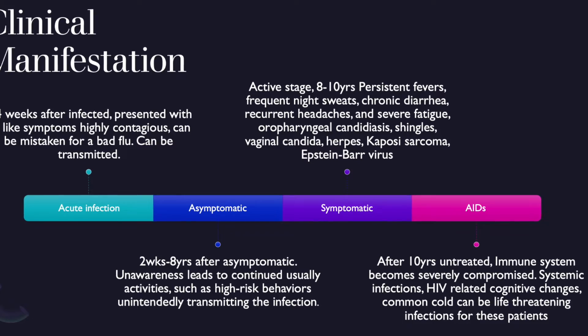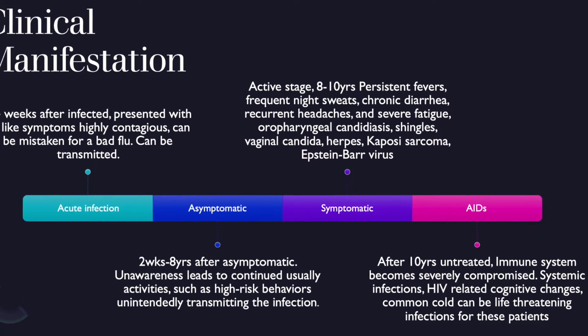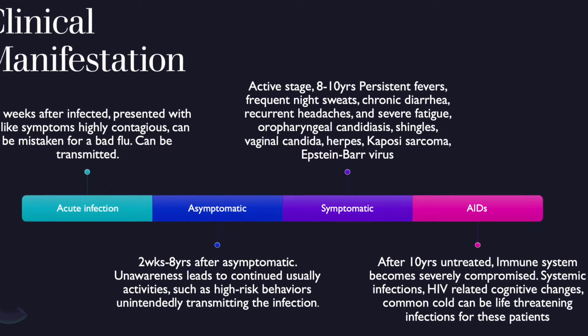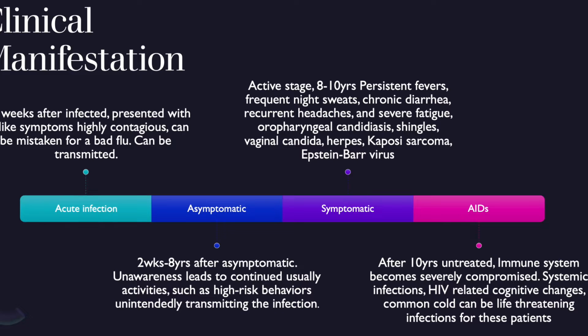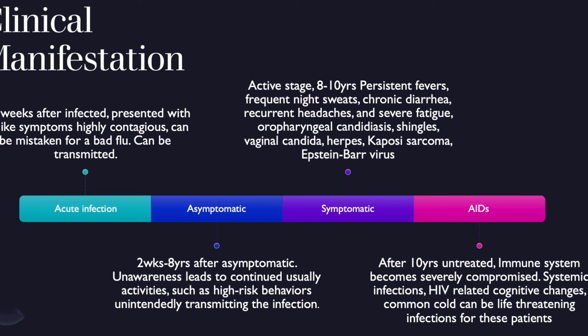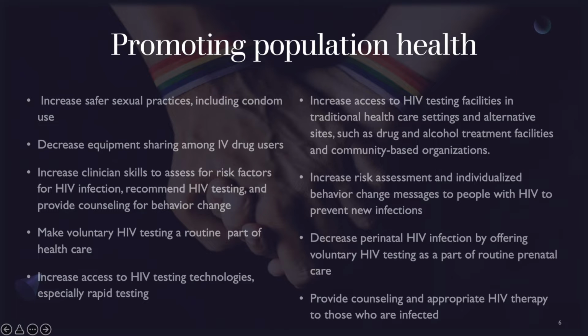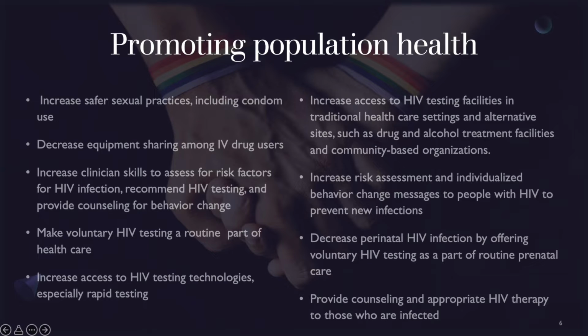And then end stage is AIDS. And if this is untreated, your immune system becomes majorly compromised, and you'll have systemic infections and cognitive changes, and this is life-threatening.